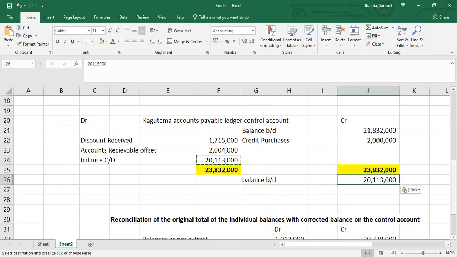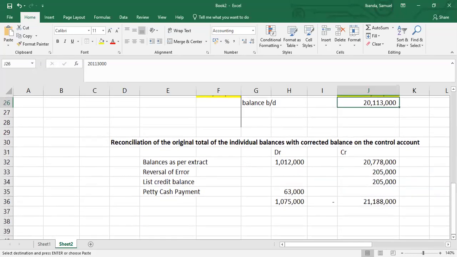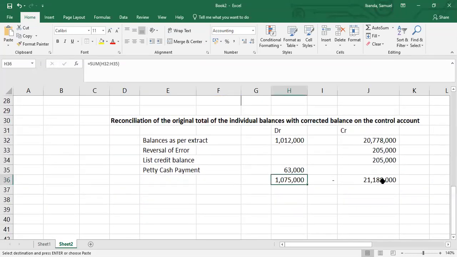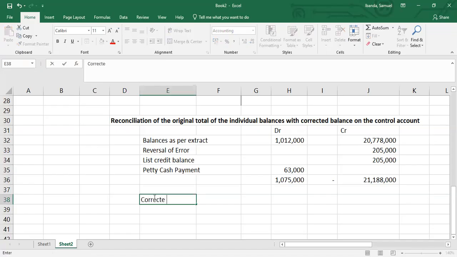So what we are basically saying is, okay, remember this is a debit and a credit. Now, if we have a debit balance and then a credit balance, and we are balancing off, we can say corrected balance.